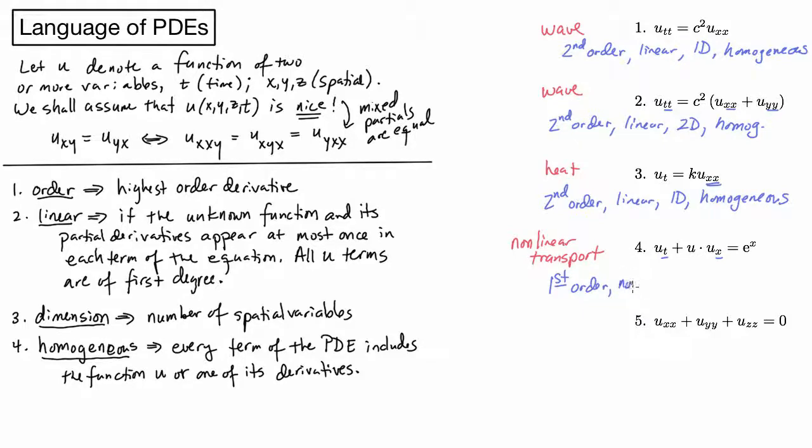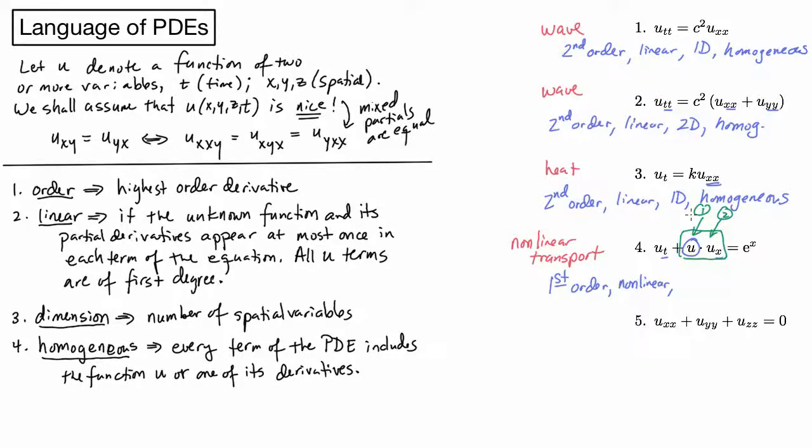It is nonlinear, and it is nonlinear because of this term right here. Remember, our definition of linearity is the unknown function and its partial derivatives appear at most once in each term. And if you look at this term, you've got 1 and 2 parts of it that involve u's, and that violates the definition of linearity.